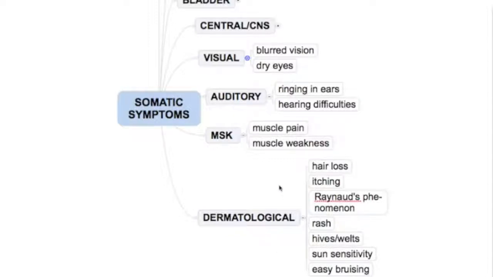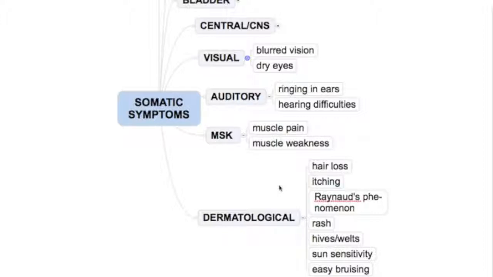So clearly, not all patients have all symptoms. Many patients have a number of different systems involved. And sometimes it's that pattern, along with the pain, that will lead you to this diagnosis.